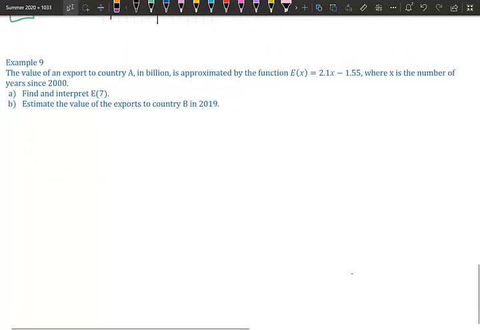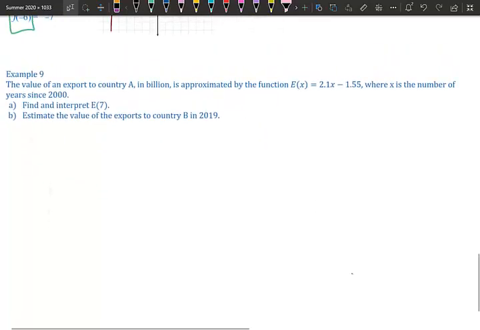The value of an export to country A in billions is approximated by the function e of x equals 2.1x minus 1.55, where x is the number of years since 2000. Find and interpret e of 7. Estimate the value of exports to country A in 2019. All right.